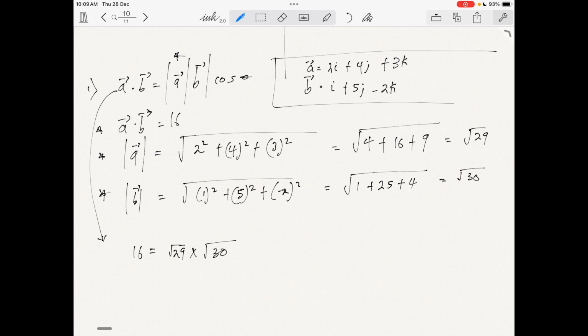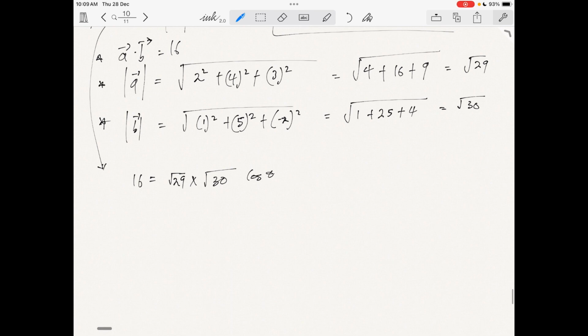And we have cos theta. Now remember, this will take us back to surds. If we don't want to go through the surd process, then we can just find the square root of 29 and the square root of 30 using a calculator, and we calculate it out. So let's go through the surd process.